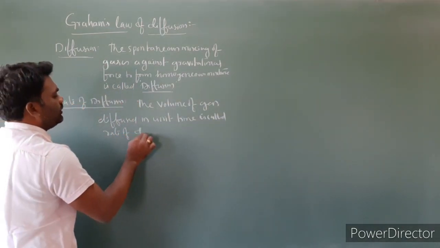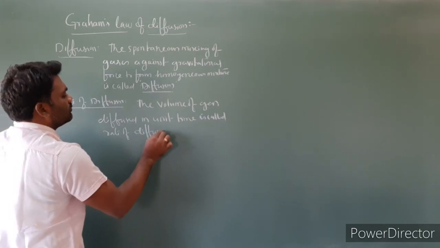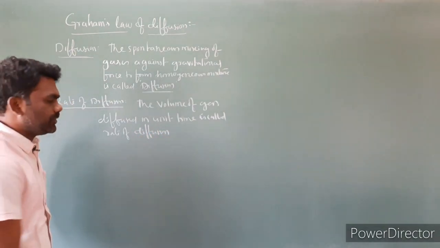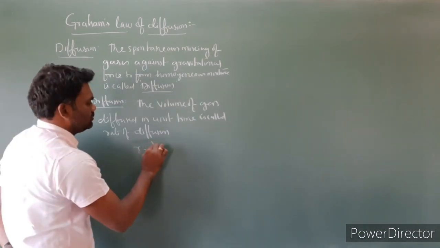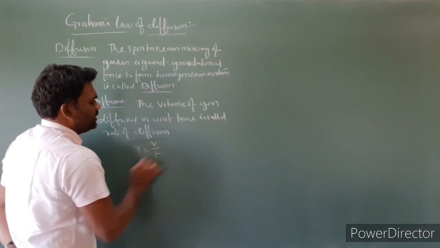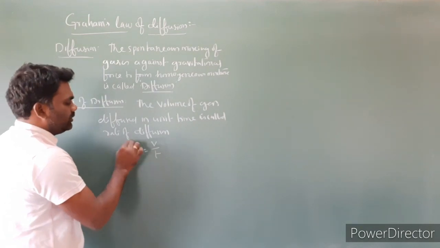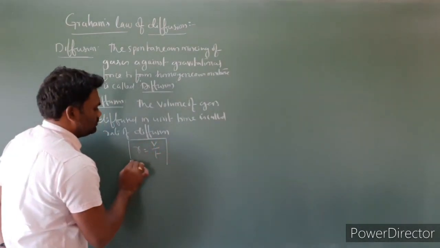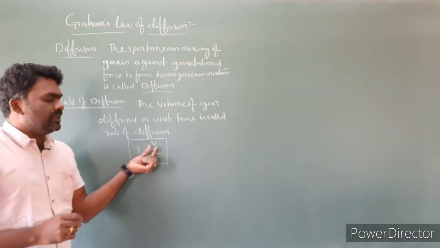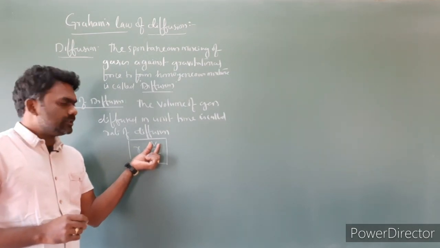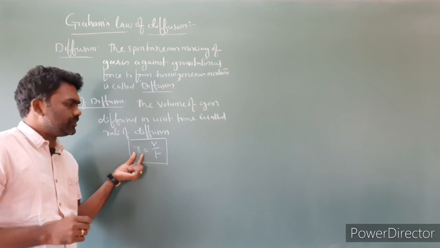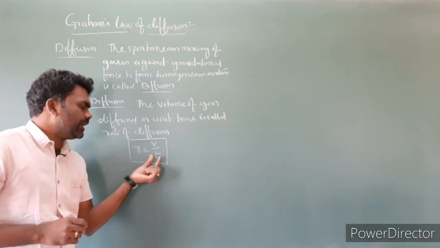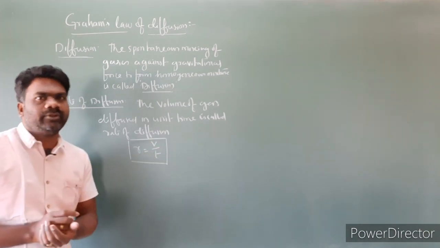I am labeling the rate of diffusion as R. R is equal to V by T. Here the volume of the gas diffused in unit time is called the rate of diffusion.